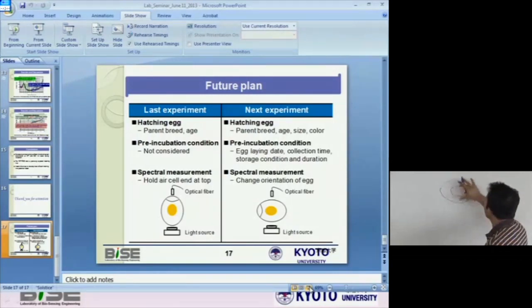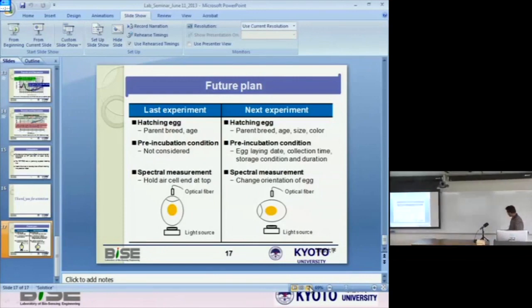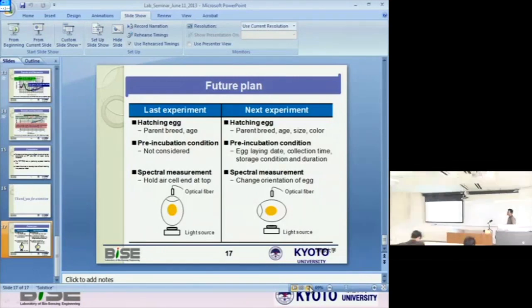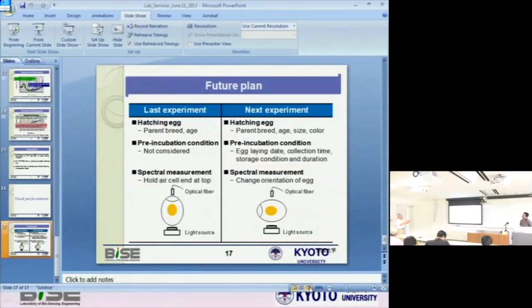I put it like this and change the orientation like this. You may collect some photos, right? Some cover something with optical fiber. Yes, just cover. You have a cover, yes, black cover. Black means not so much correct.